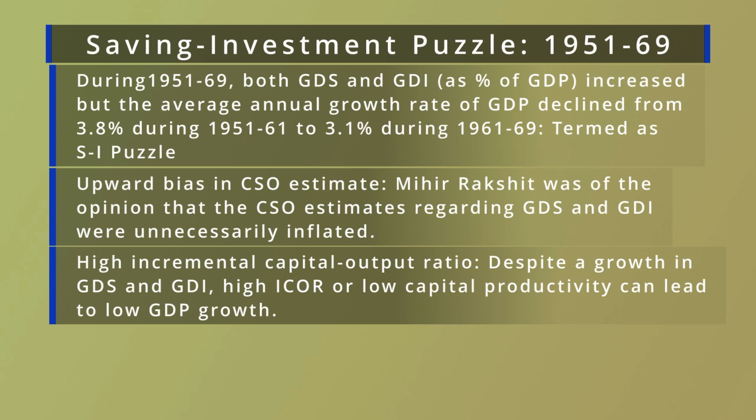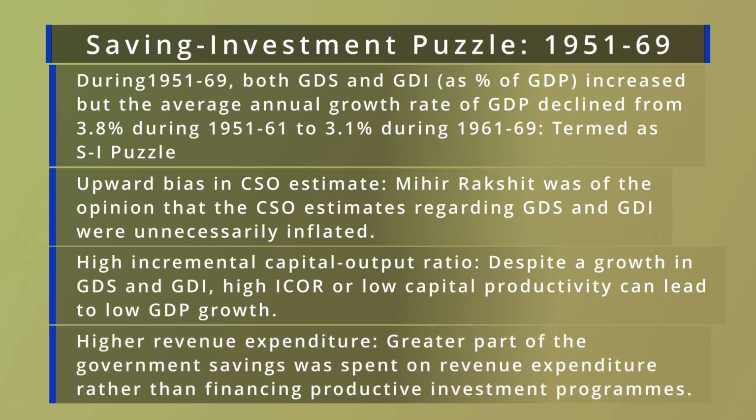So your savings ratio is rising, but in the denominator, if the incremental capital output ratio also rises, then the growth rate may not increase. So a rise in ICOR means a fall in productivity. That is another reason: because of the increase in ICOR or the fall in productivity, your increasing GDS and GDI was not actually reflected in GDP growth.